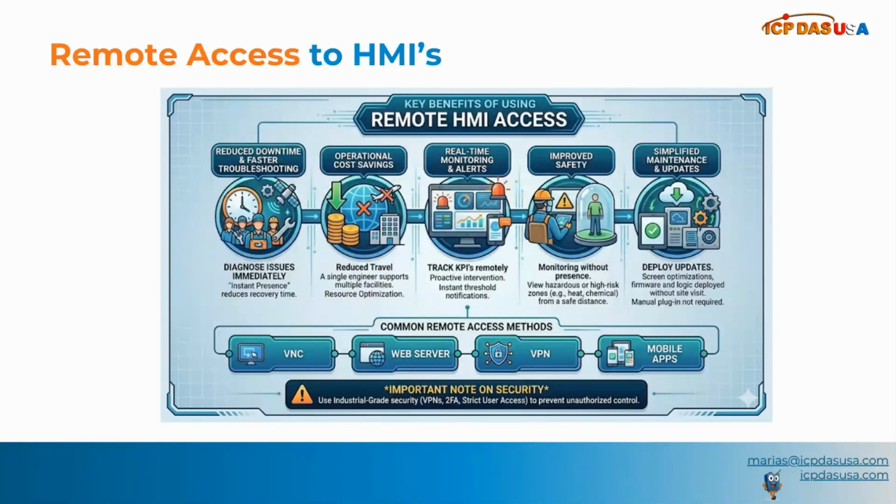Technically, this is achieved through several standards, including VNC for screen sharing, integrated web servers for browser-based viewing, and VPNs for secure data tunneling. And while these tools offer incredible flexibility, security remains the top priority. Implementing industrial-grade protections like two-factor authentication and strict user access ensures your remote visibility remains both powerful and private.